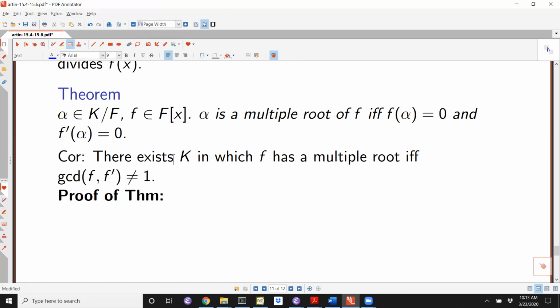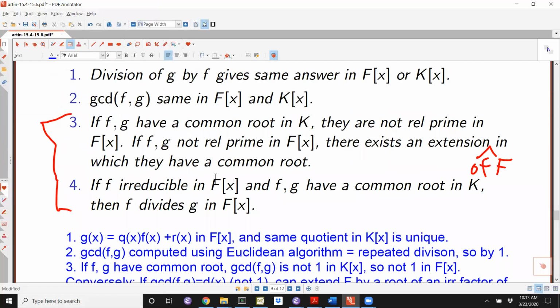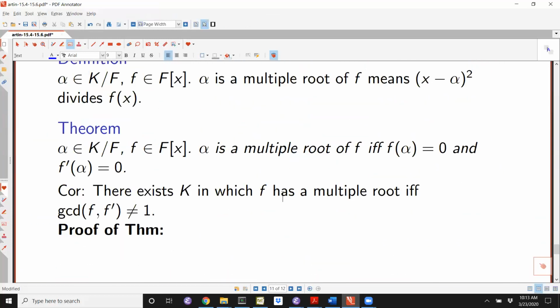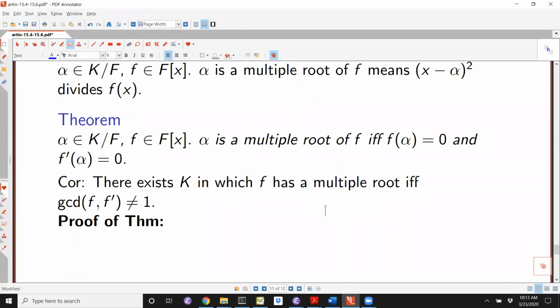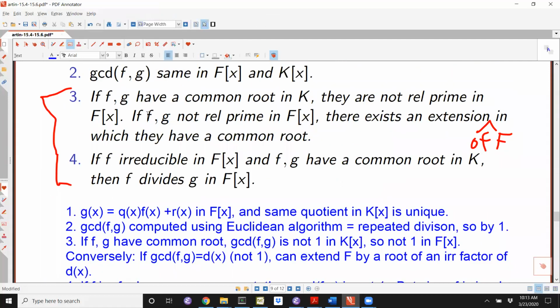And so the corollary: if f is irreducible and f and g have a common root in capital K, then f divides g in capital F of x. So f and g are not relatively prime.